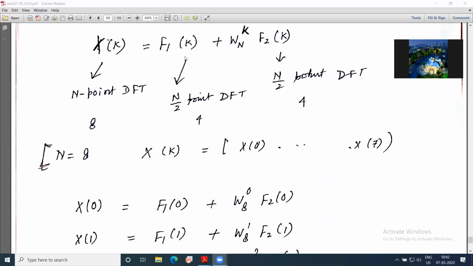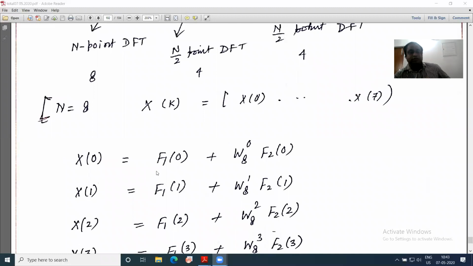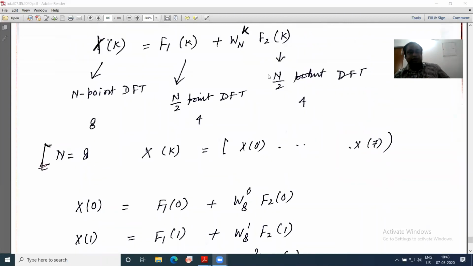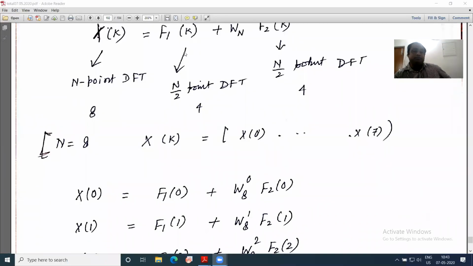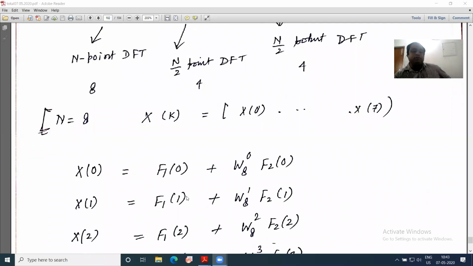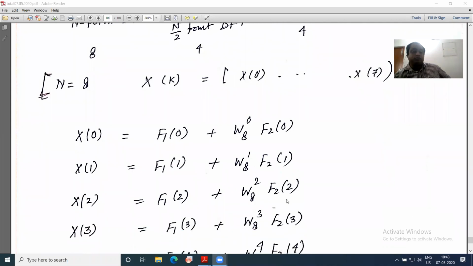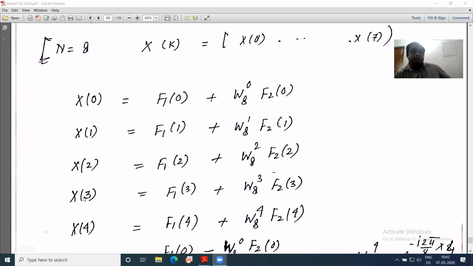But F1 of k is 4 point, and this is also 4 point. Now X of 0 is F1 of 0 plus W_8^0 F2 of 0, and X of 1 is F1 of 1 plus W_8^1 F2 of 1. This is all right because F1 of 0, F1 of 1, F2 of 0, F2 of 1 are all known to me. Therefore I can compute up to X of 3.